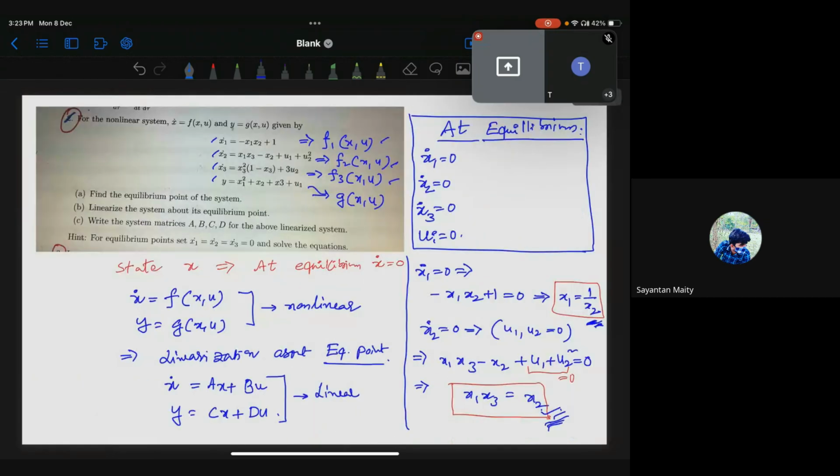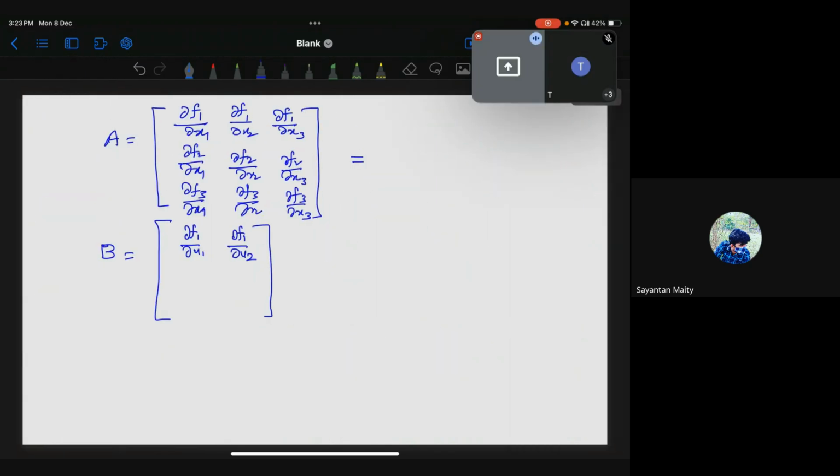Because here our system equations have U1, U2 terms. Then ∂F2/∂U1, ∂F2/∂U2, ∂F3/∂U1, ∂F3/∂U2.